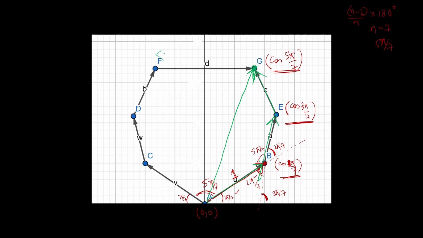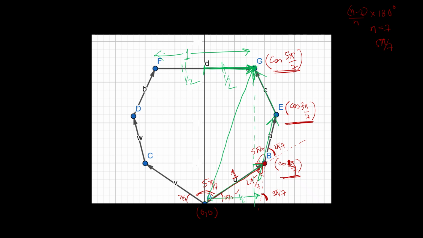How can I claim that? Because this side is 1 unit. This exactly cuts in between because it is a regular heptagon. I have drawn the origin exactly opposite to that side. So this is half and this is half. If this is half, the distance of this from the y-axis, which is the x coordinate of point G, is nothing but half.